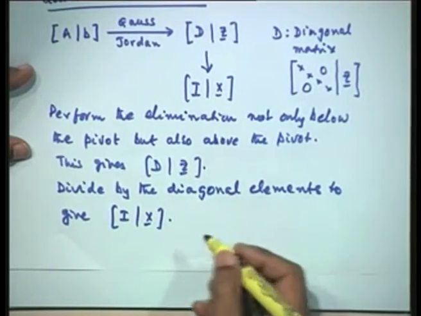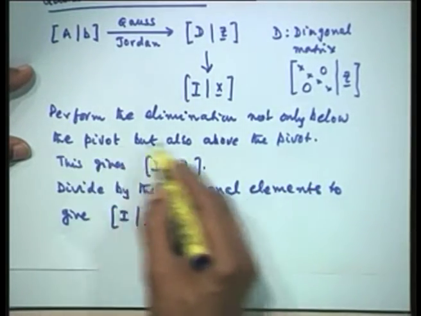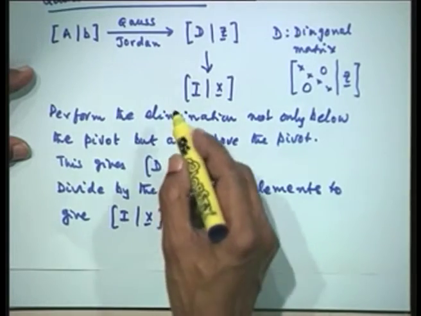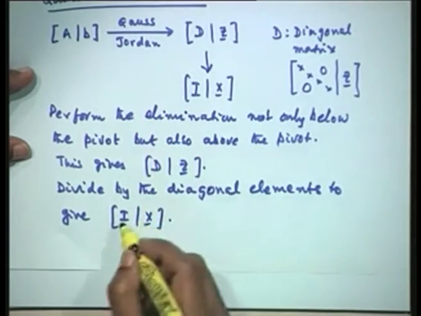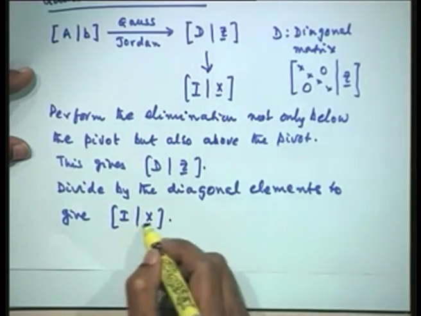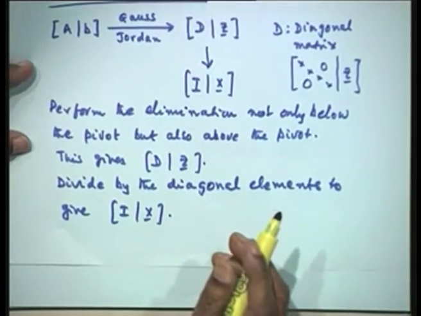As I mentioned earlier that if you are starting before the elimination, if you are making the diagonal pivot as 1, then this will automatically land up into the final format of I is equal to x.